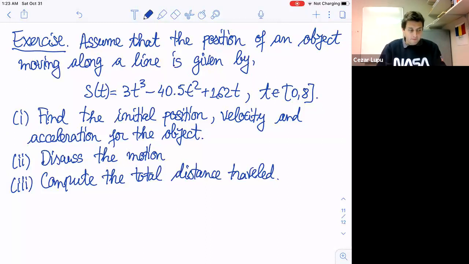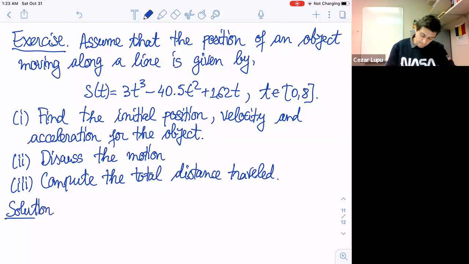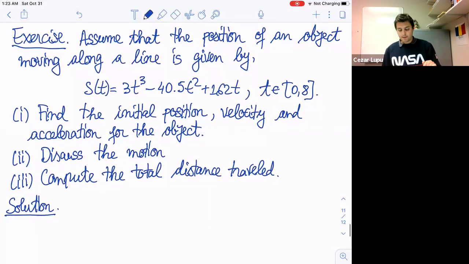And now let's see the initial position. We would like to see what happened at the initial position: what happened with the velocity and the acceleration. What is the initial position? Well, it's basically when t equals 0.